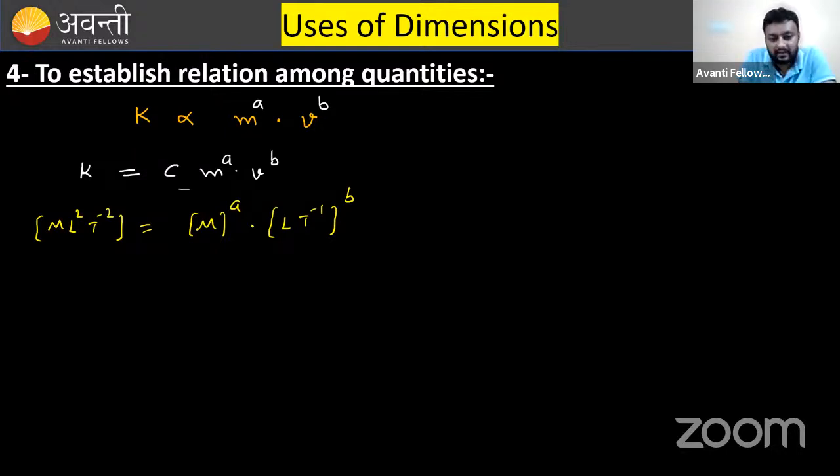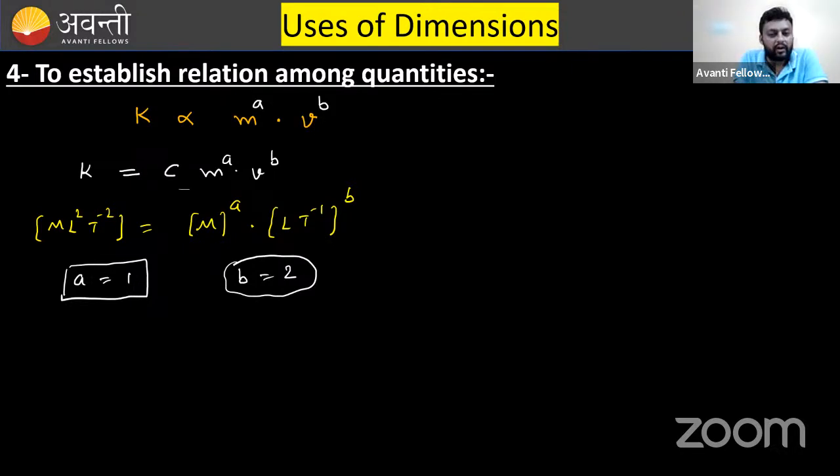Mass has a power A, and in this term, mass has a power 1. So that means A is 1. Very good. Now again, L has a power B, and here L has a power 2. So that means B is equal to 2.